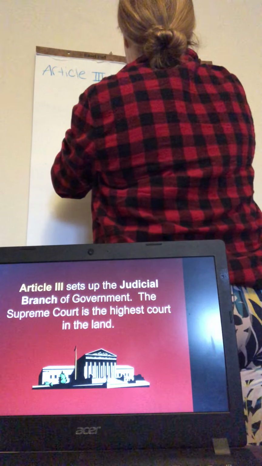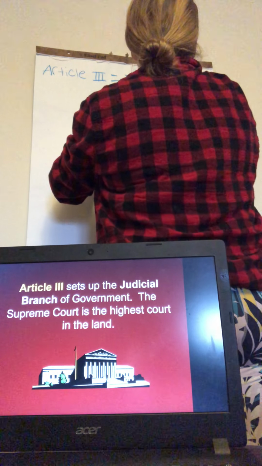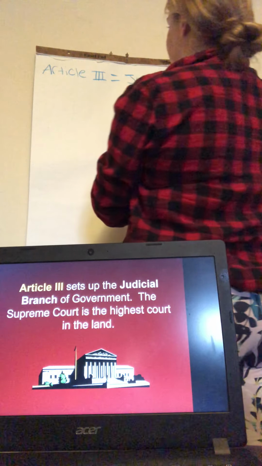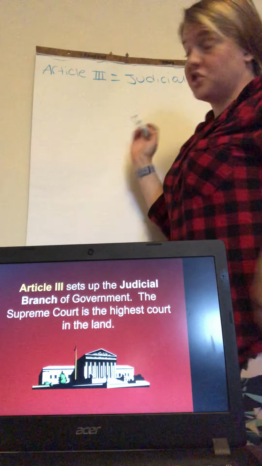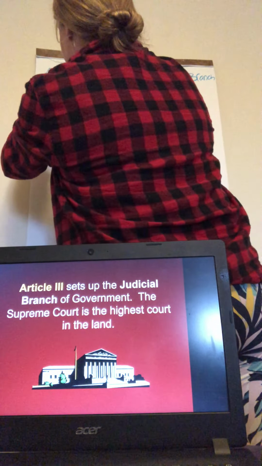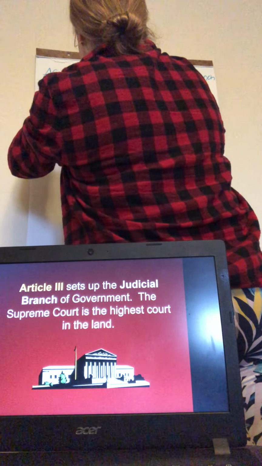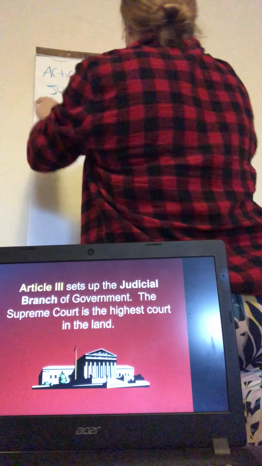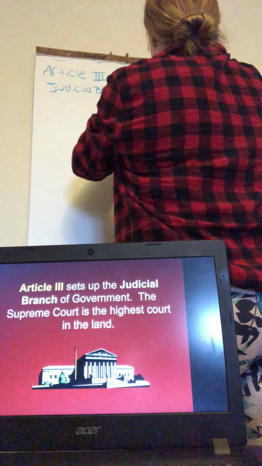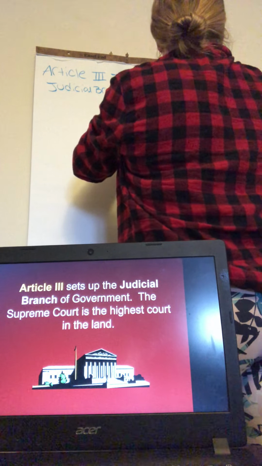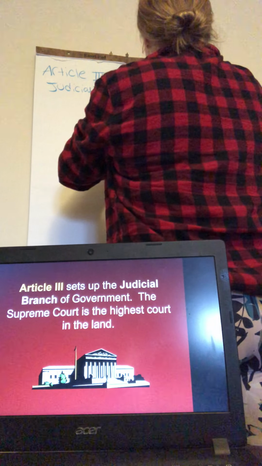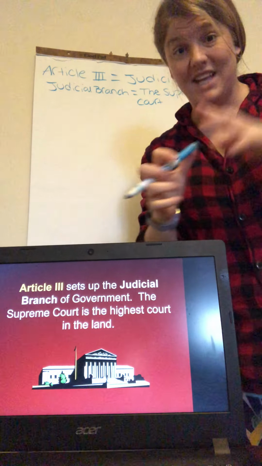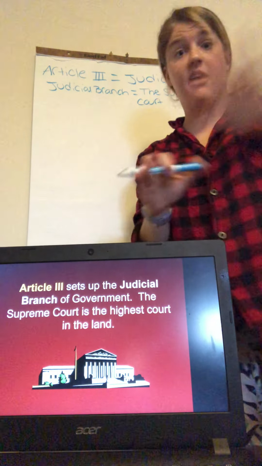Article 3 equals the judicial branch. And you can kind of see the word judge in there because they're judging. So the judicial branch equals the Supreme Court. And if anyone knows what supreme means, it's the highest level. There's nothing above it.